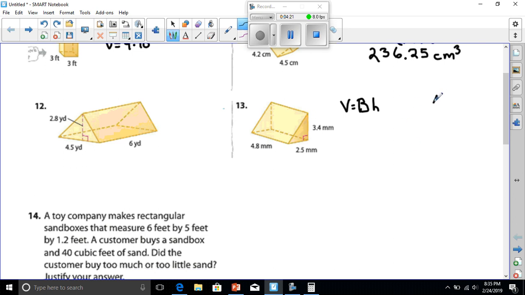The triangle's formula is base times height divided by 2. So we take the base here, which is 3.4, and multiply it by 2.5. Then we divide this answer by 2.